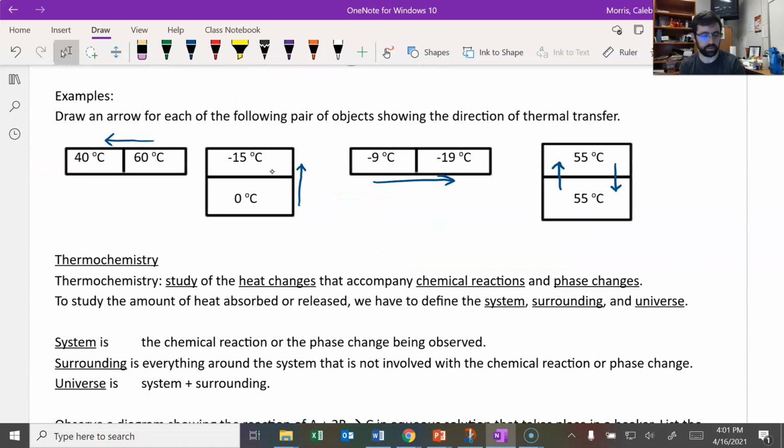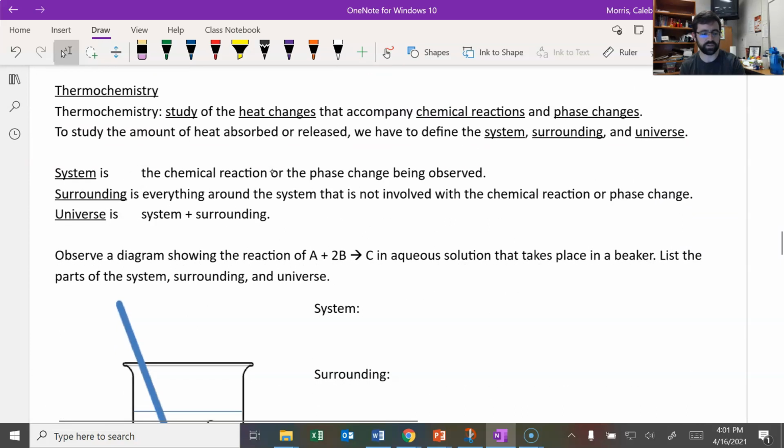All right, looking at thermochemistry a little bit more, so not just thermodynamics, which is the study of heat, but we want to talk about something called thermochemistry, which is the study of heat changes that accompany chemical reactions and phase changes. So heat change in chemical reactions and phase changes.